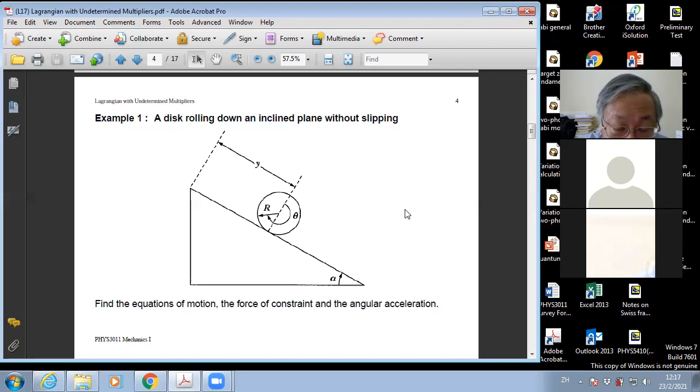Am I correct? Okay, so we have three equations. Then we make use of the constraint equation. We can eliminate one of the equations of motion, say, for example, the rotation, the angular motion. Then we can solve the remaining one. All right.